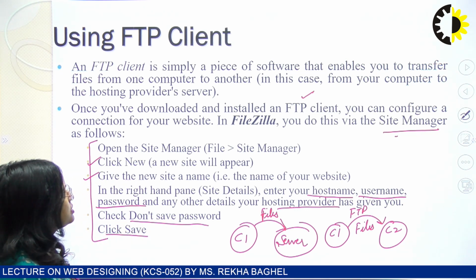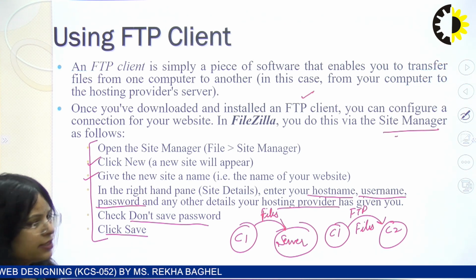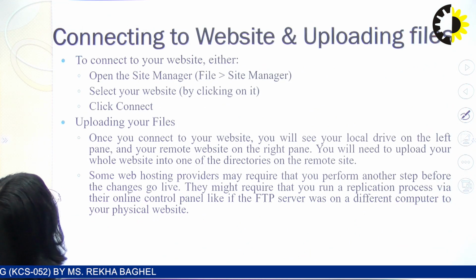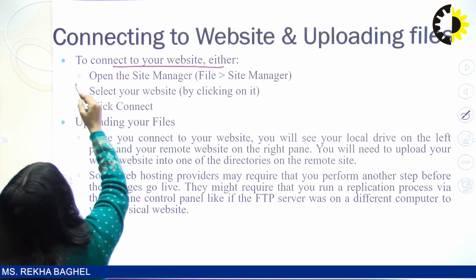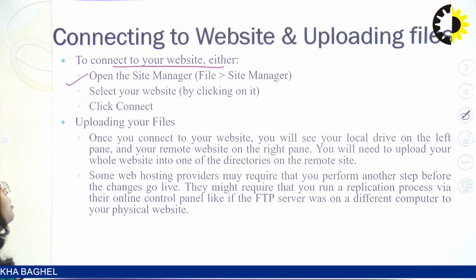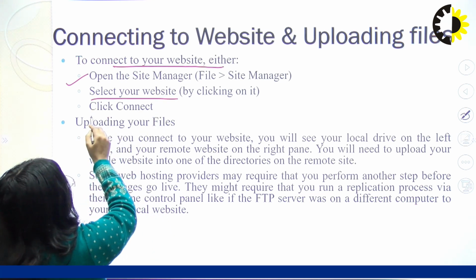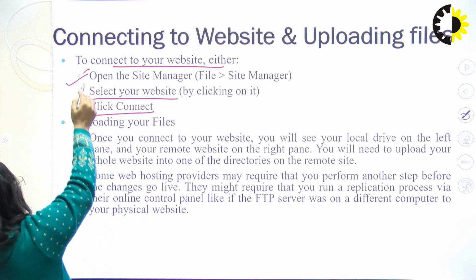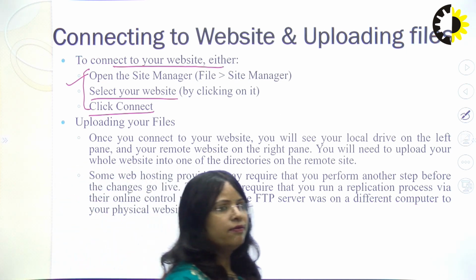By this you can enter your details in the site manager, and after that you can connect to your website. Open the site manager, select your website and click connect. This is the procedure by which you are able to connect your computer to your website.